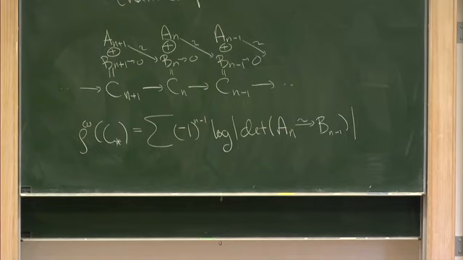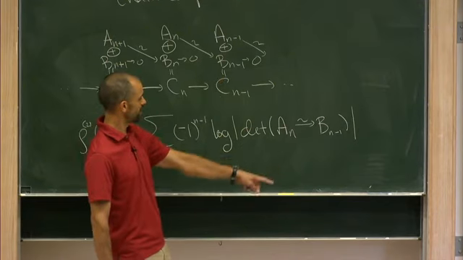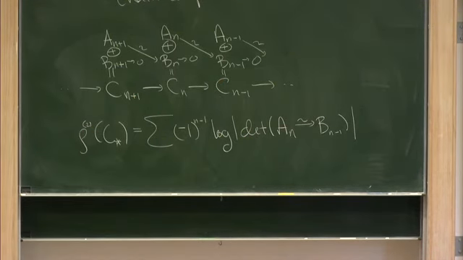Some people will take the alternating product of the determinants. We're going to take the log so that the formulas really match the Euler characteristic, being multiplicative under covers and gluing, so you don't have the e floating around in all of those formulas.